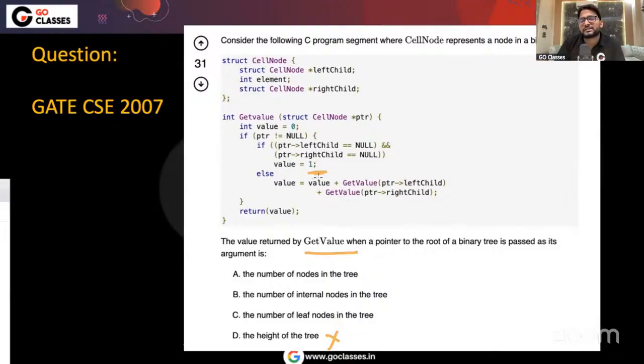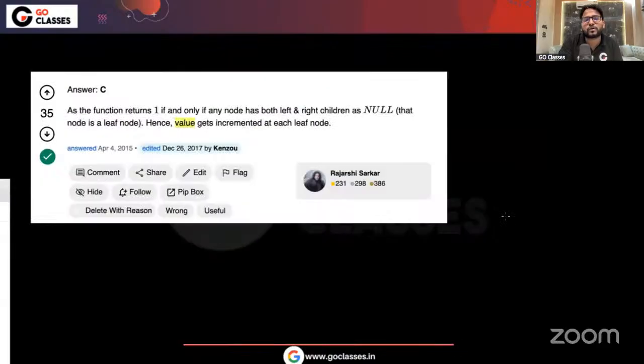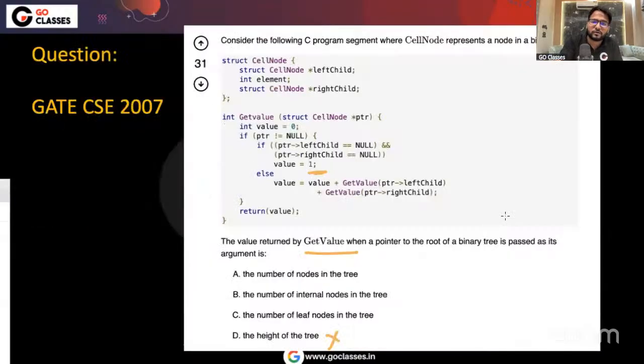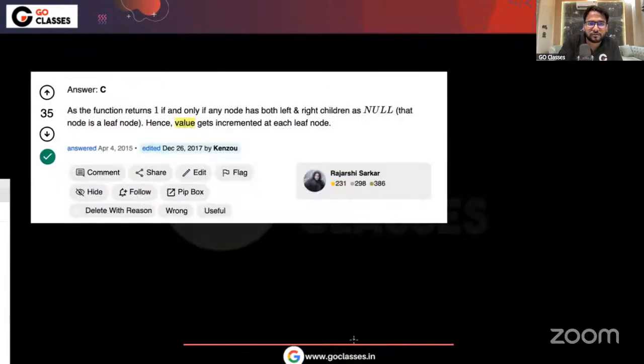For the leaf node, it is saying 1. It is not filtering based on internal or something like that, right? So if it is at the end, if it is a leaf, then they are saying 1. Otherwise, it is basically left nodes and right nodes. So total number of nodes they are counting. Sorry, they're counting the leaf nodes. Is it? So the answer is C.